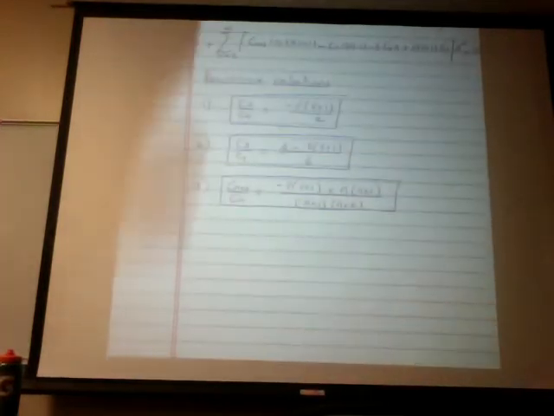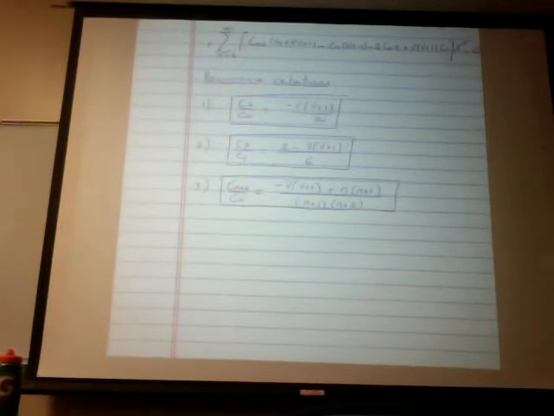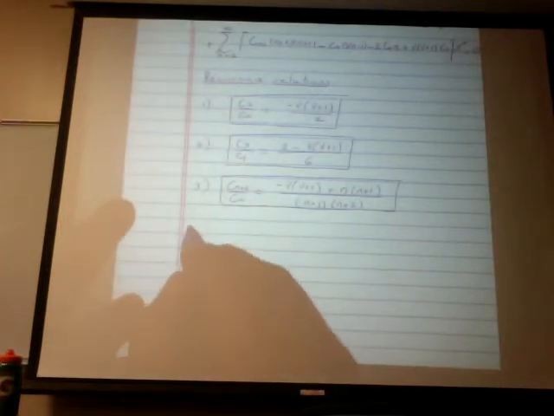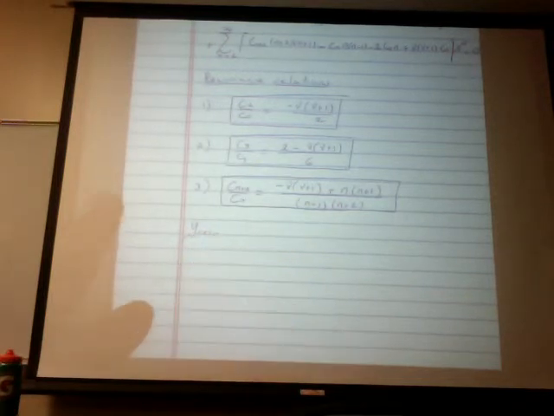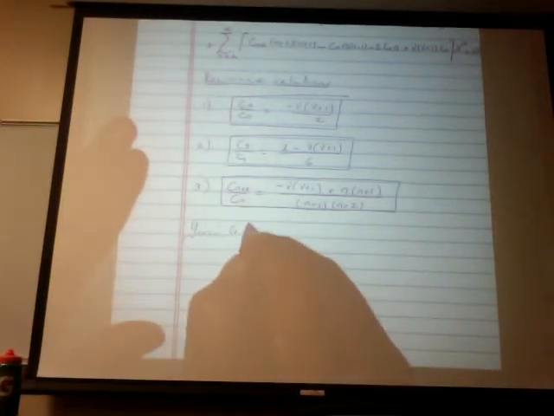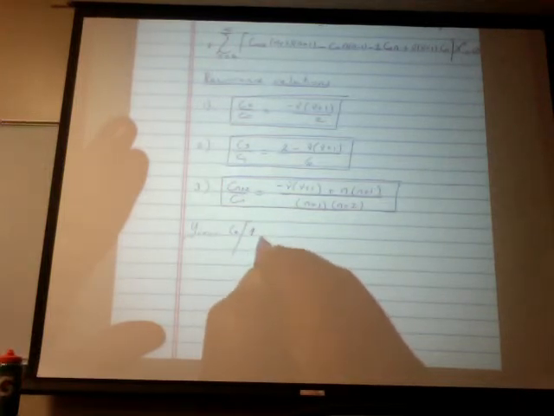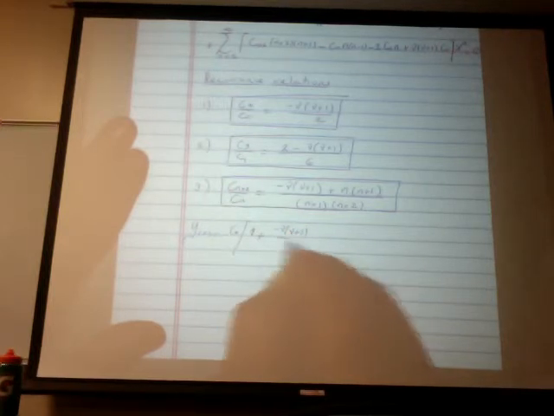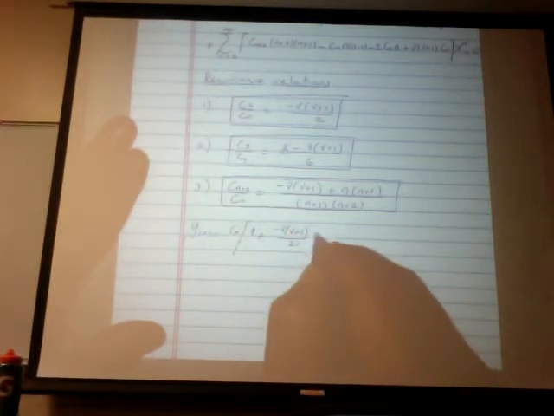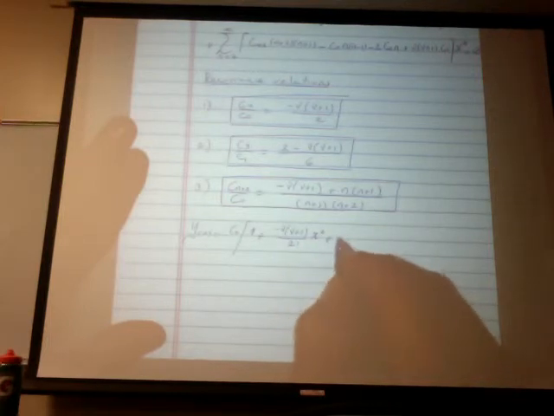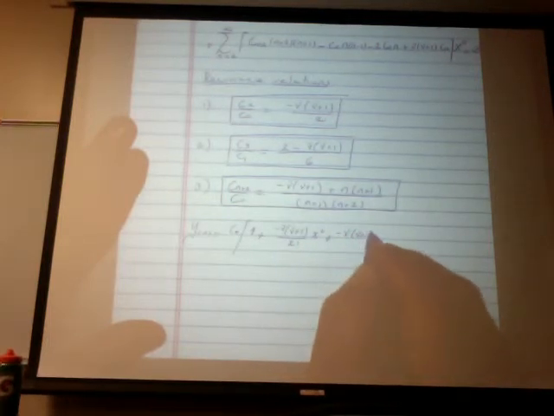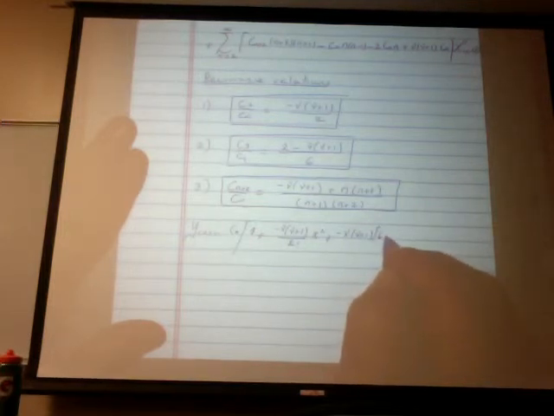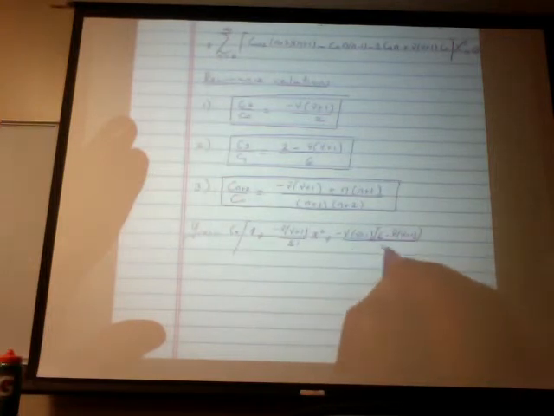So, after all that, we can use these recurrence relationships to collect a function that multiplies just C0 times 1 plus minus nu plus 1 divided by 2 factorial x squared plus minus nu plus 1 times 6, or minus nu plus 1 divided by 4 factorial x to the 4th plus so on and so forth.